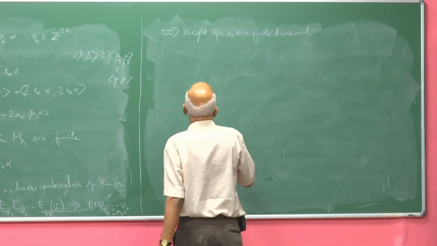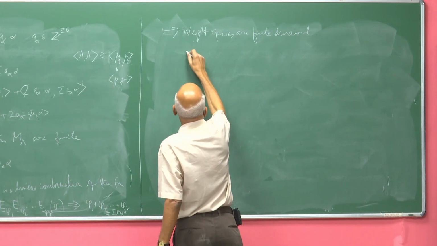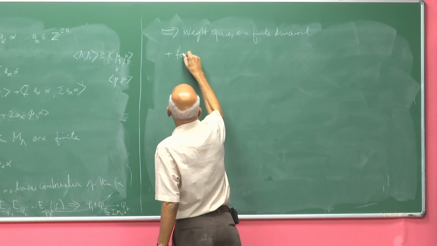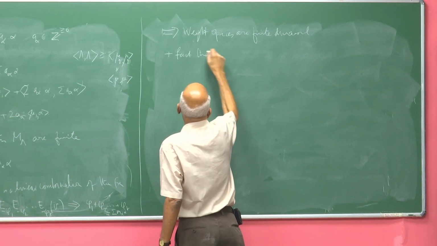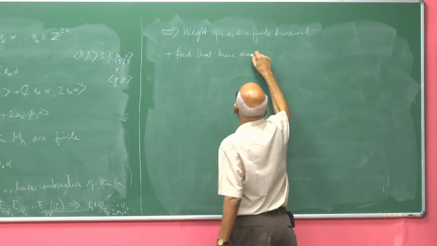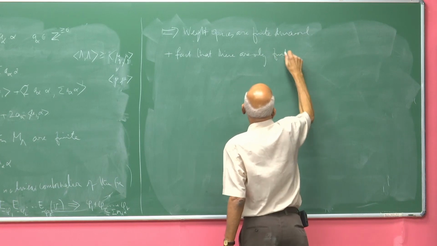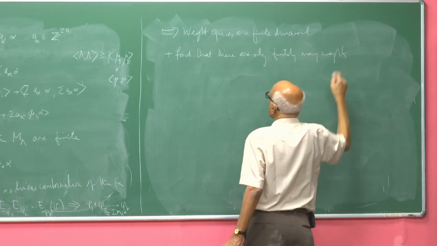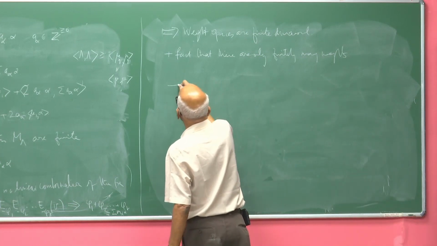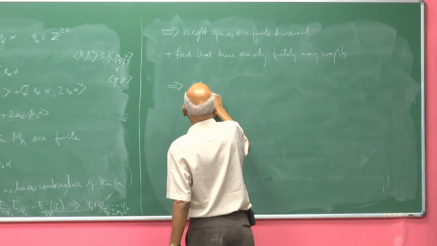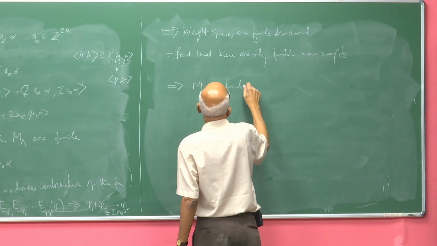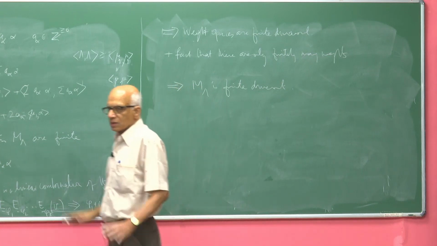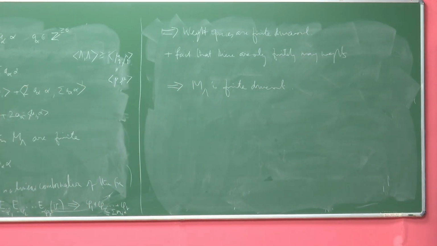We seem to have erased it. Plus the fact that there are only finitely many weights implies m lambda is finite dimensional. This is the correct proof for the finite dimensionality.